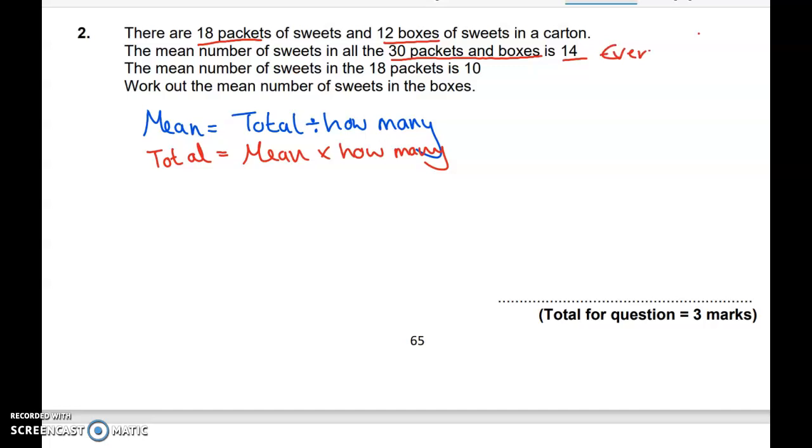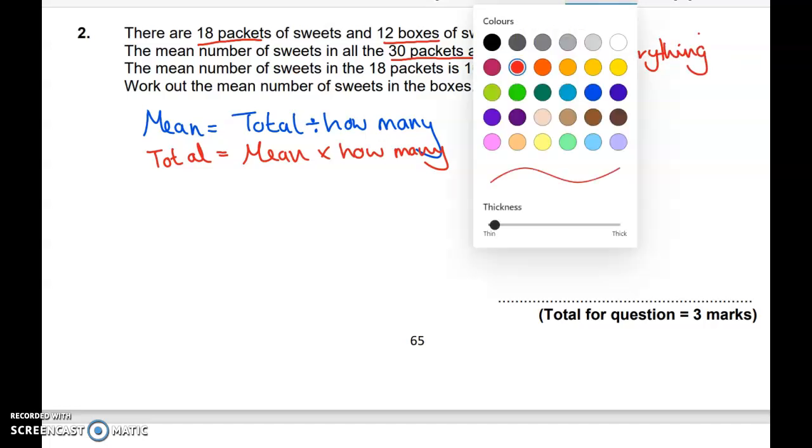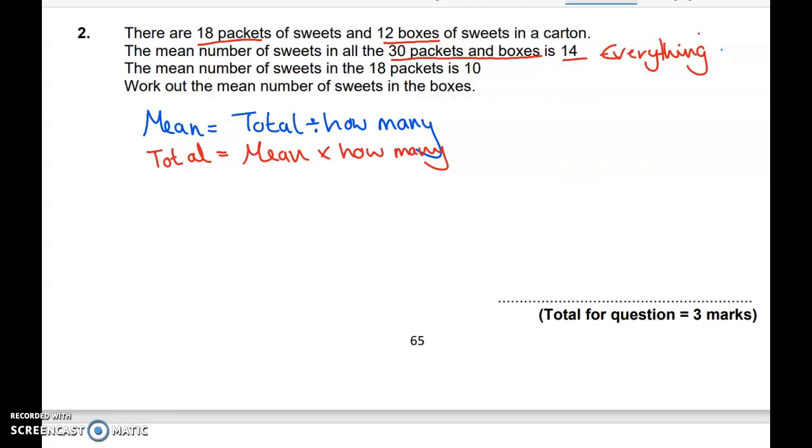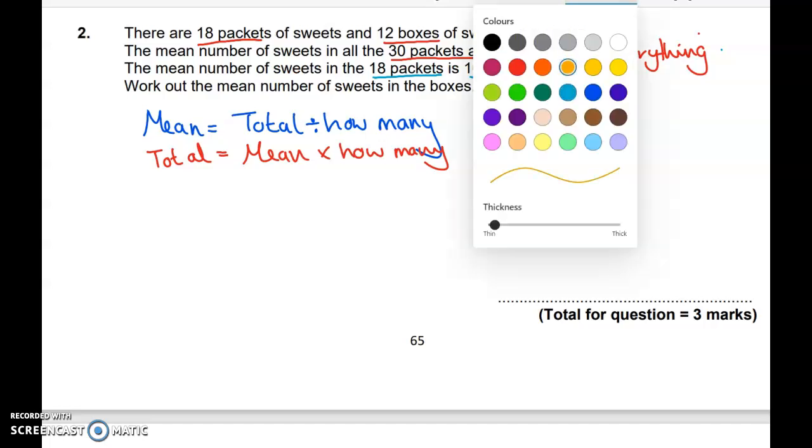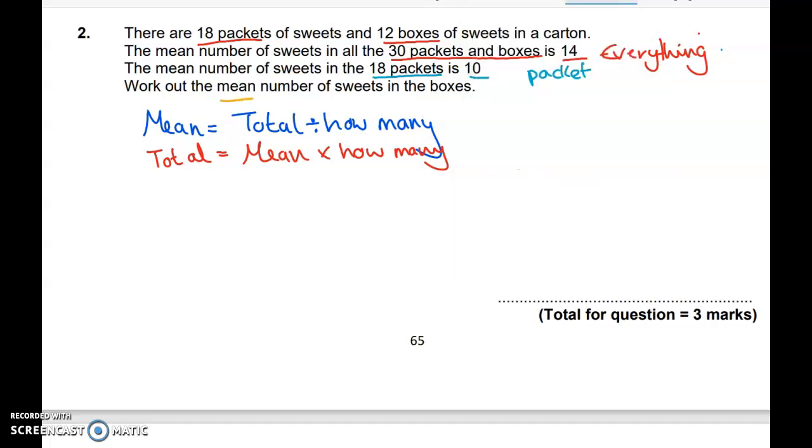So I'm going to put everything here. I'm trying to split up my groups. I'll change colour because we're doing a different group. So here we've got the mean of the sweets in the 18 packets is 10. This is where we're only talking about the packets, not the boxes. Then it says work out the mean of the sweets in the boxes.